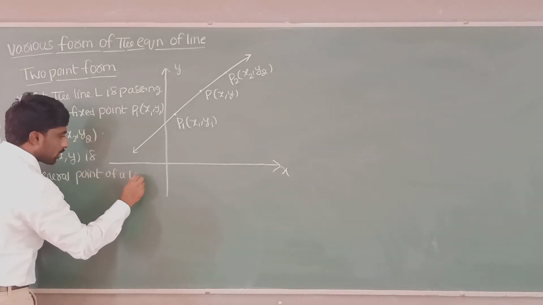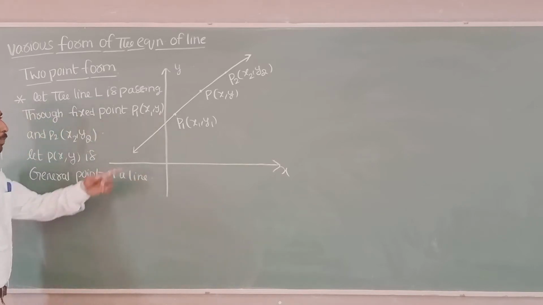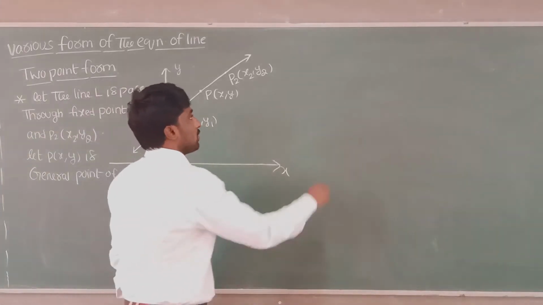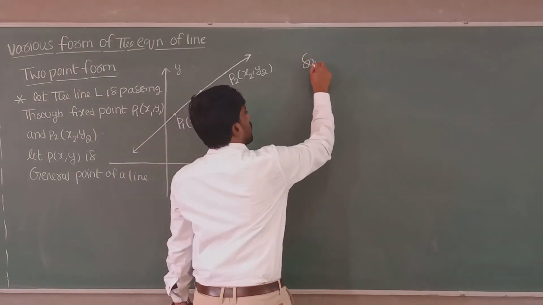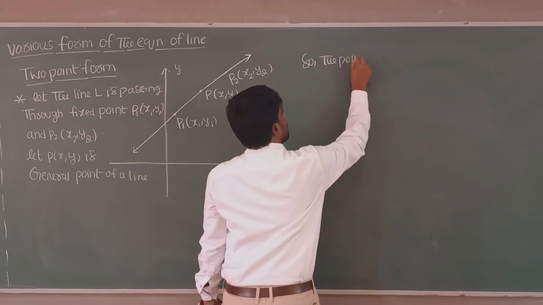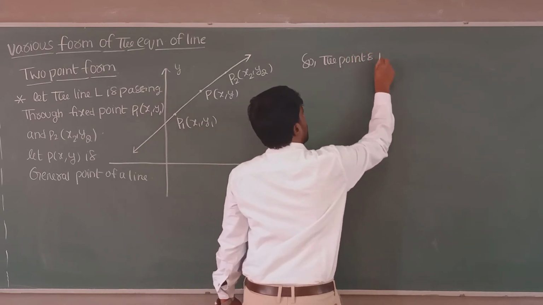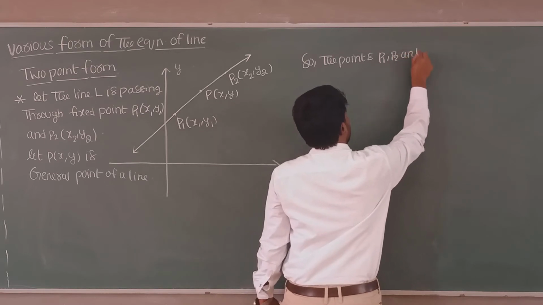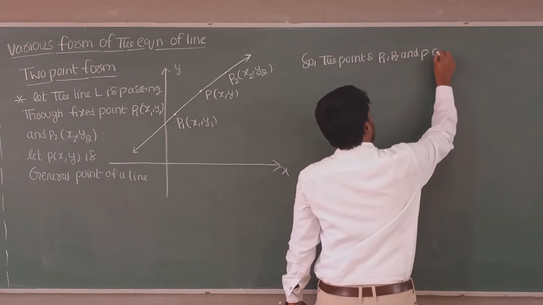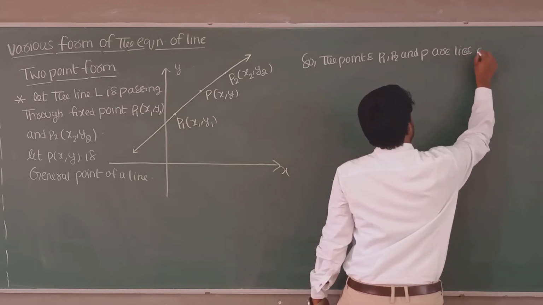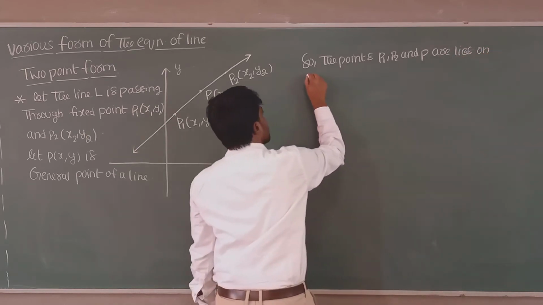Is it clear, everyone? Now, if P1 and P2 lie on the same line, you write it here. The points P1, P2 and P lie on the same line.